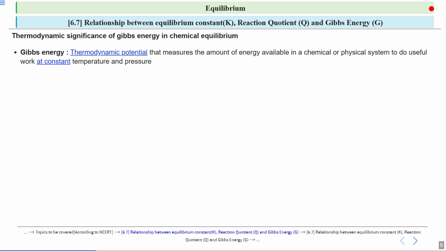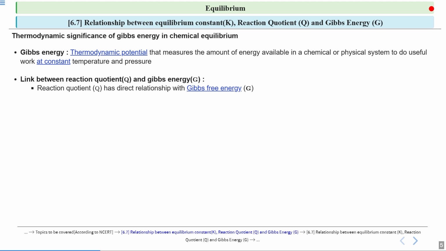If you subtract final minus initial, you get a negative value, meaning the change will always be negative. Similarly, if you want to do a chemical process involving thermodynamic systems, your Gibbs energy must undergo a negative change. Is it clear? Now we can develop a relationship between delta G, Q and K. We will talk about K later on. First, we will see the relationship between delta G and Q.